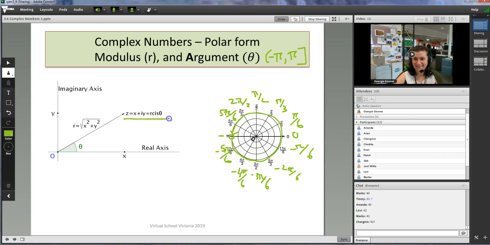So the complex number can be represented in Cartesian form as z equals x plus iy. Sometimes that's called rectangular form, or it can be expressed in polar form. And this cis theta is shorthand for cos theta plus i sin theta.